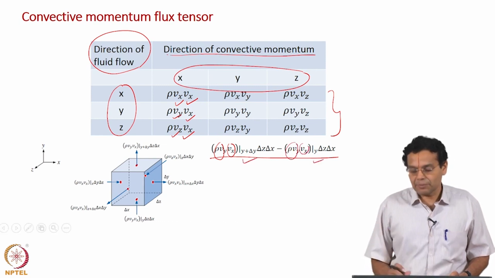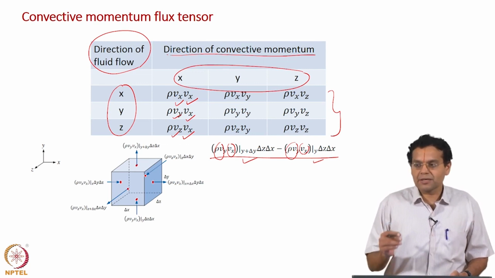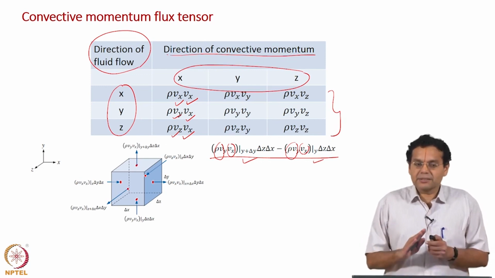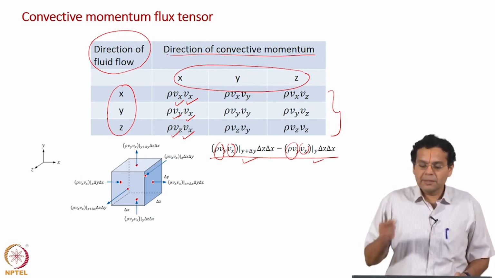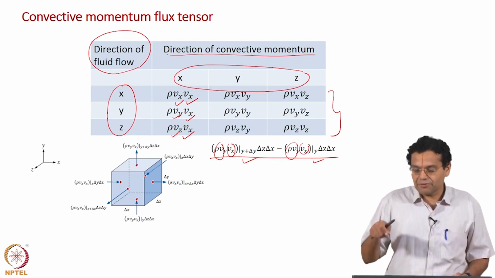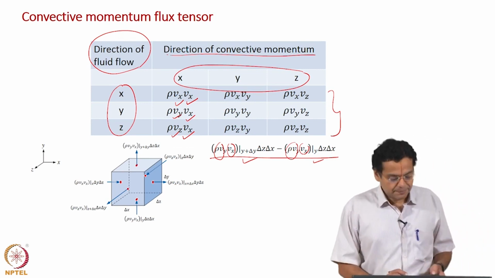At that point I did tell you that we will discuss later why we are so specific about the order of Vy and Vx. Magnitude wise there is no change at all, Vx into Vy and Vy into Vx are the same, but for understanding, this way of ordering becomes very helpful for us.